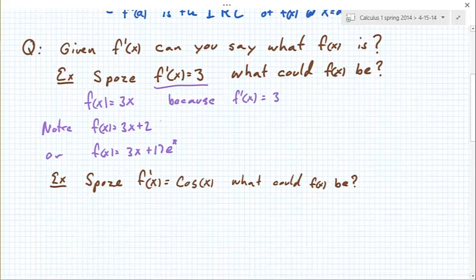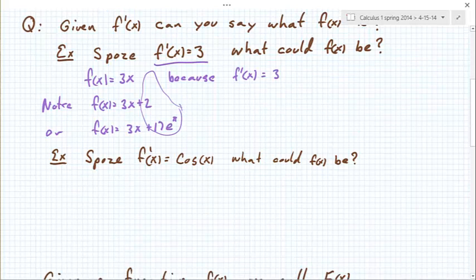In other words, I could add any constant onto here. So there's a way in which finding the antiderivative loses information, because when we try and go backwards, in other words, when we try and reconstruct the original function after taking the derivative, we lose any information about the constant on the end of it.